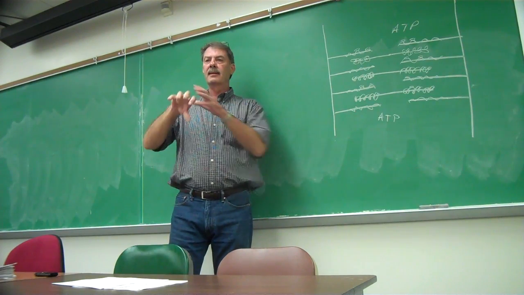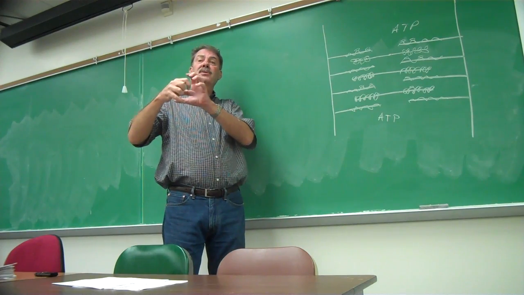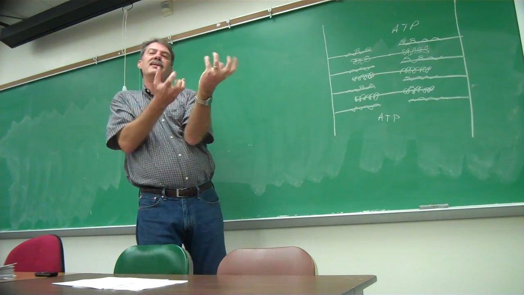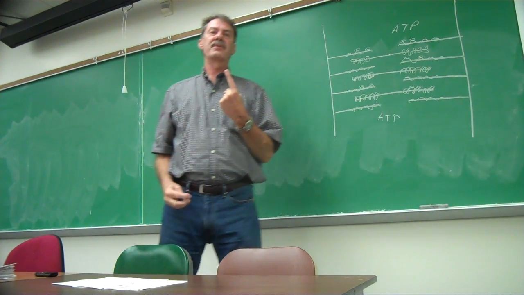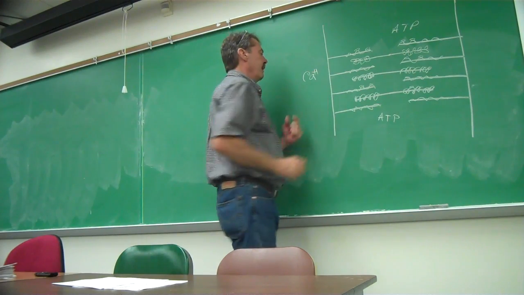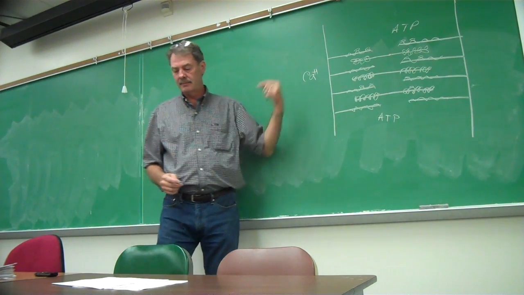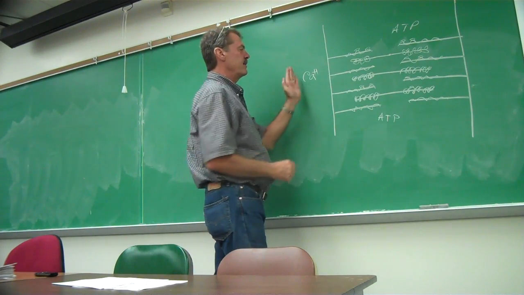And when it does, you get electrostatic repulsion. Calcium's a double positive ion. It causes the whole thing to untwist, and then the sites can walk. So calcium is our trigger. That's Ca double positive, not Ca. So that's our trigger.